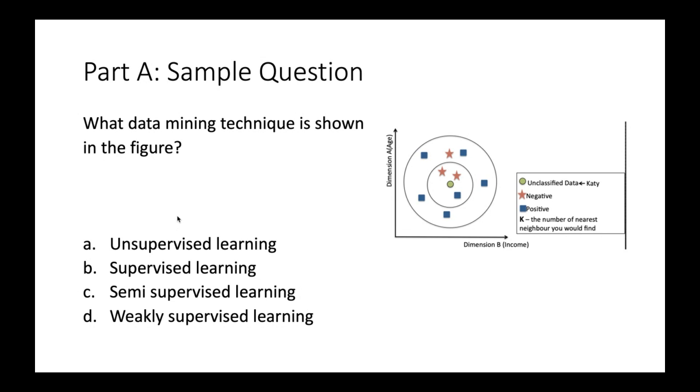Yeah, so that is B, supervised learning. What's the name of the technique here? It's KNN, right? K nearest neighbours. You can go to the slides and see this picture. That's the KNN. So that's B, supervised learning, because when you use nearest labels, we need to have labels of the data. So that is supervised learning, right?